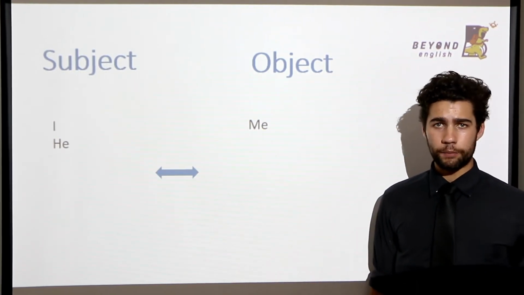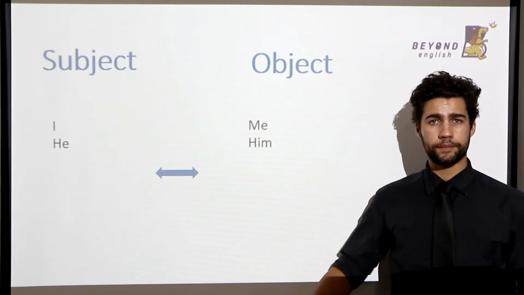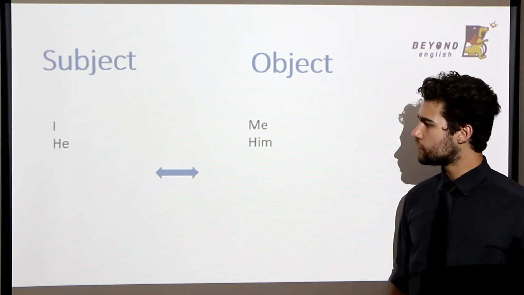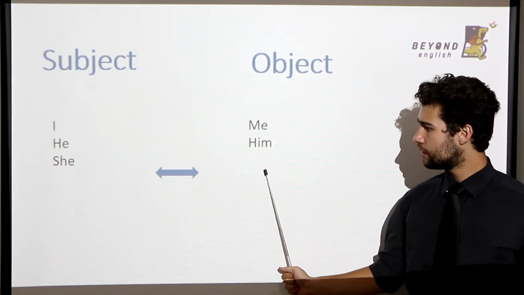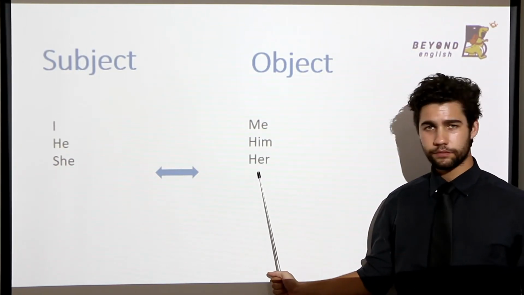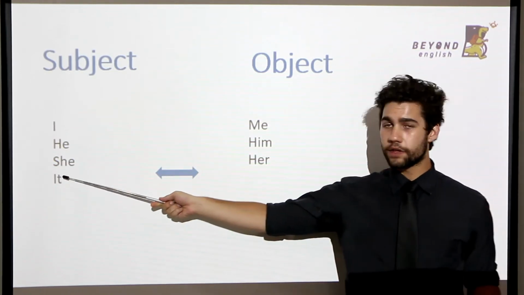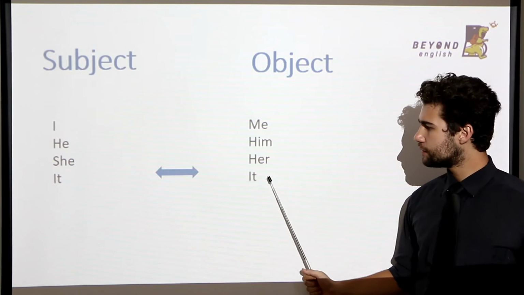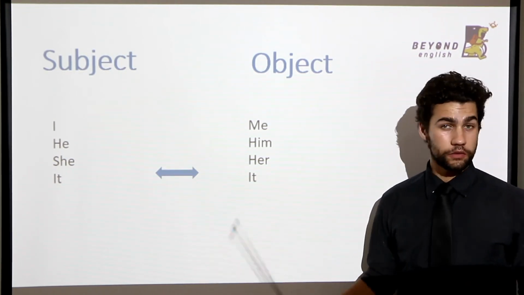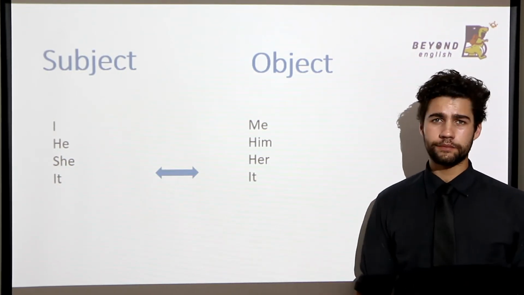When it becomes an object, we have him. Under subject, she. Object, her. Our subject is it, and it changes to it. So this one stays the same.